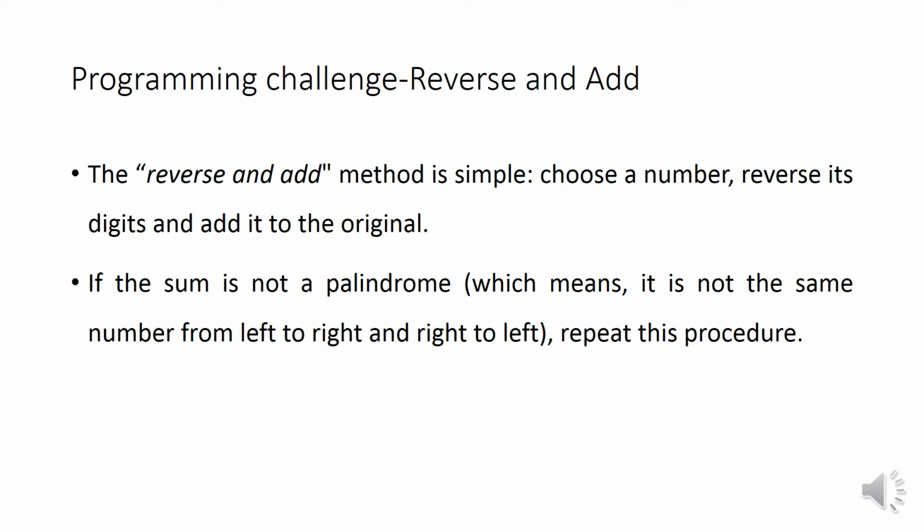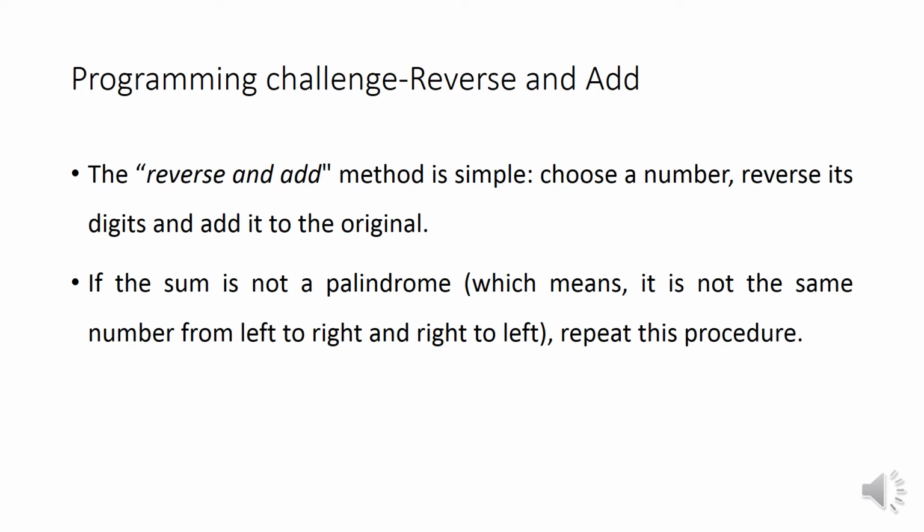Again we reverse that number 786, and we get 687. I will explain step by step in our program how it will be performed. Also I will provide some of the important source code as well as the algorithm for the reverse and add program. So here in the next step we get 687.